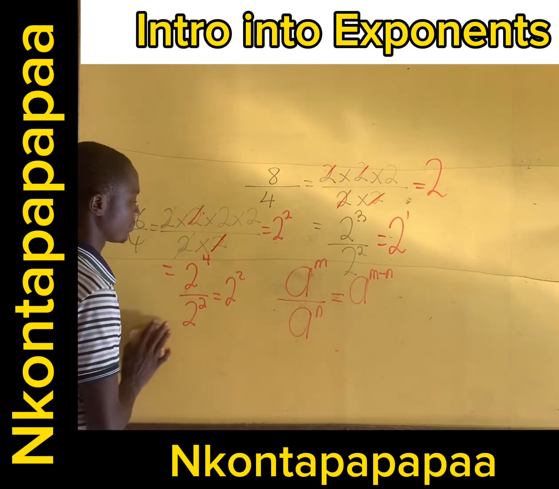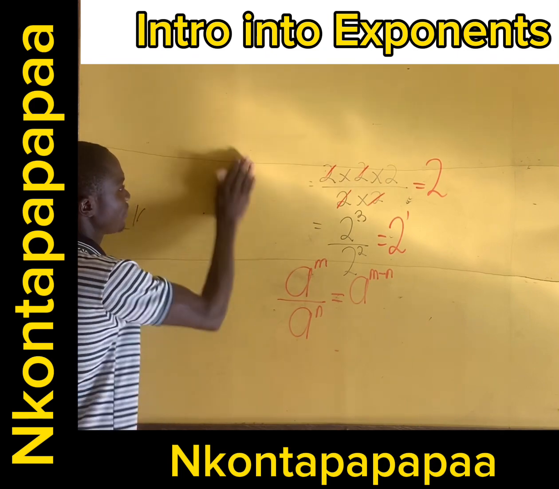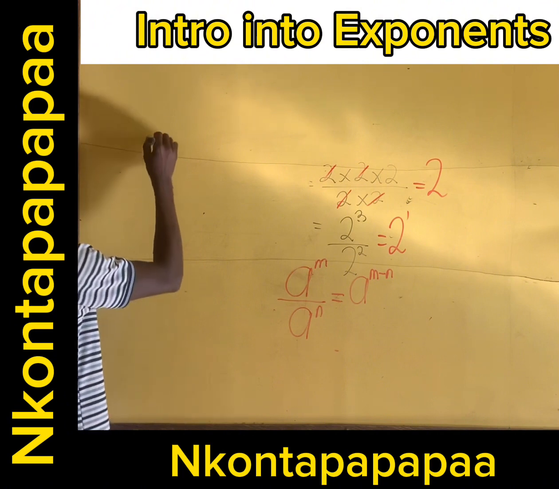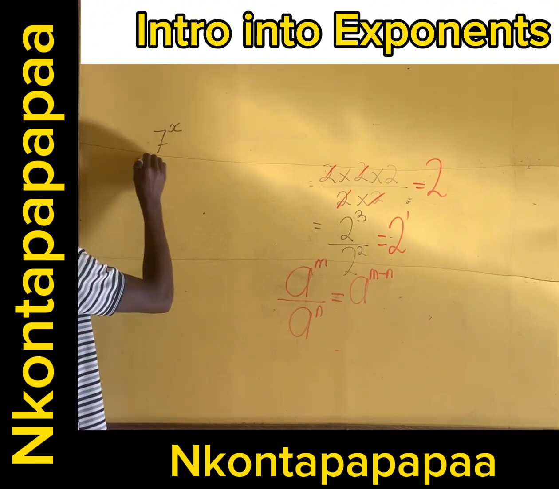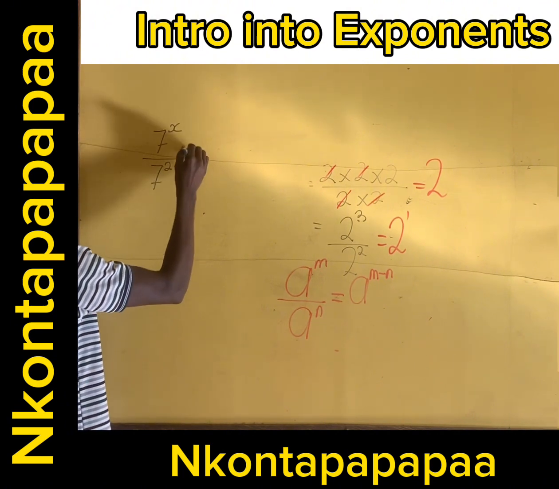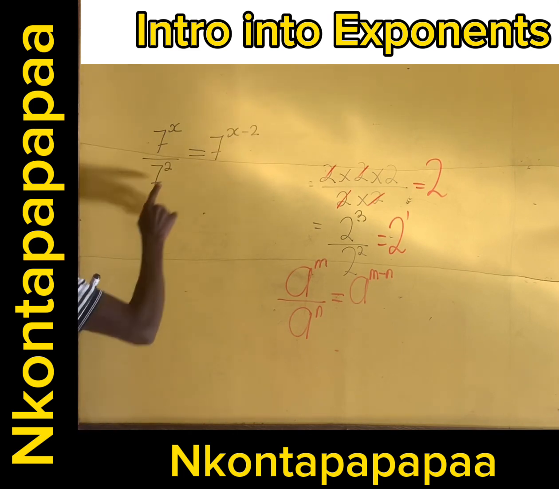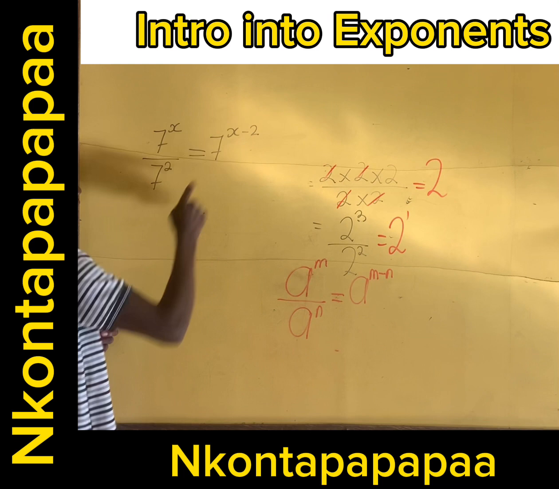So now let's see. If I take 7 exponent x divided by 7 exponent 2, this is simply 7 exponent x minus 2. I subtract this from this to get this.